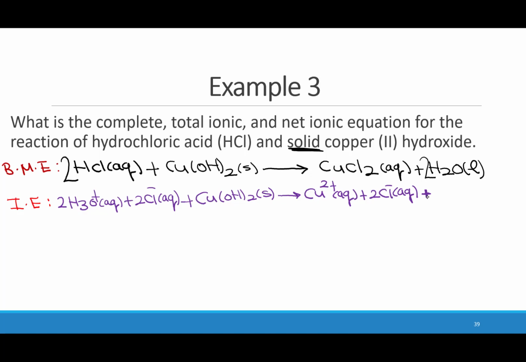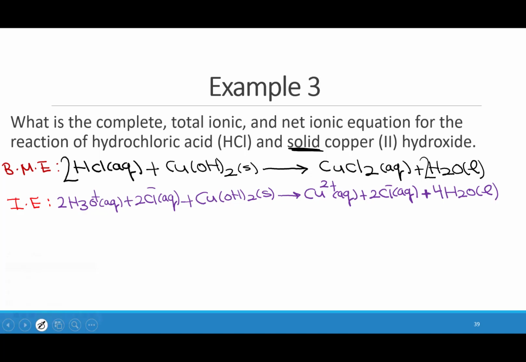And look here, I had 2 hydronium ions. Remember, for every hydronium ion that's produced, we add a molecule of water on the opposite side. Then we have to add 2 water molecules on that side, and 2 is coming from here. That adds up to 4 water molecules. 2 is because of the hydronium ions, and 2 is from our own reaction.